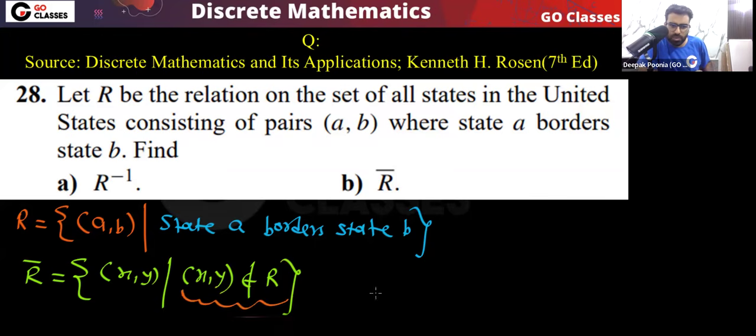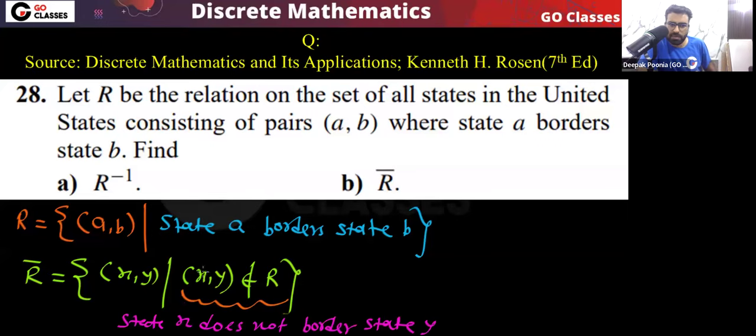It simply means x and y do not border each other. x and y are not neighbors. State x does not border state y.